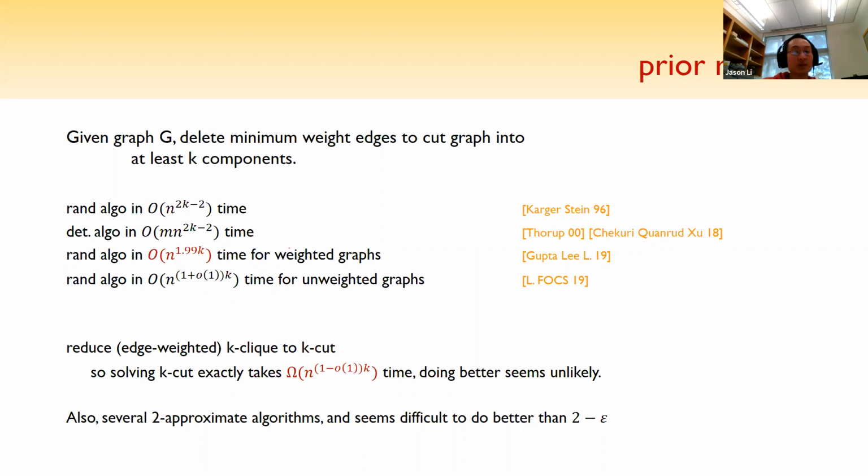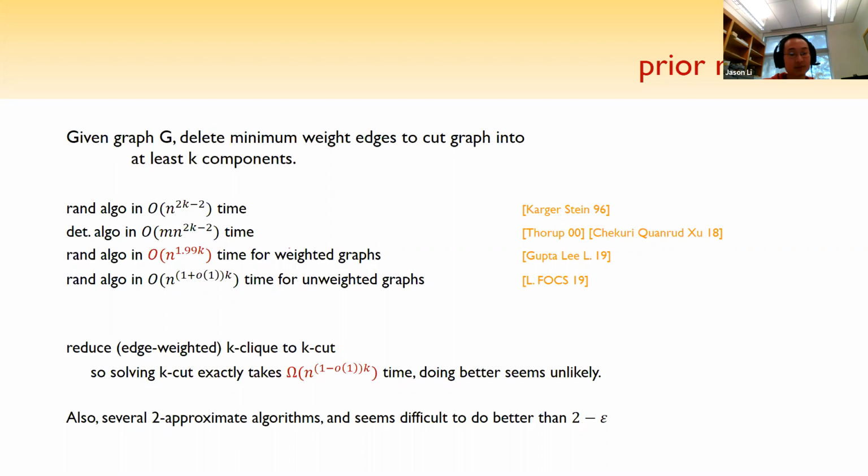So what about the lower bound side? It's known that computationally this problem is at least as hard as k-clique. Based on popular conjectures on weighted k-clique, it's unlikely that there's an algorithm that solves weighted k-clique faster than roughly n to the k time, which translates to a similar lower bound of n to the k for min k-cut.